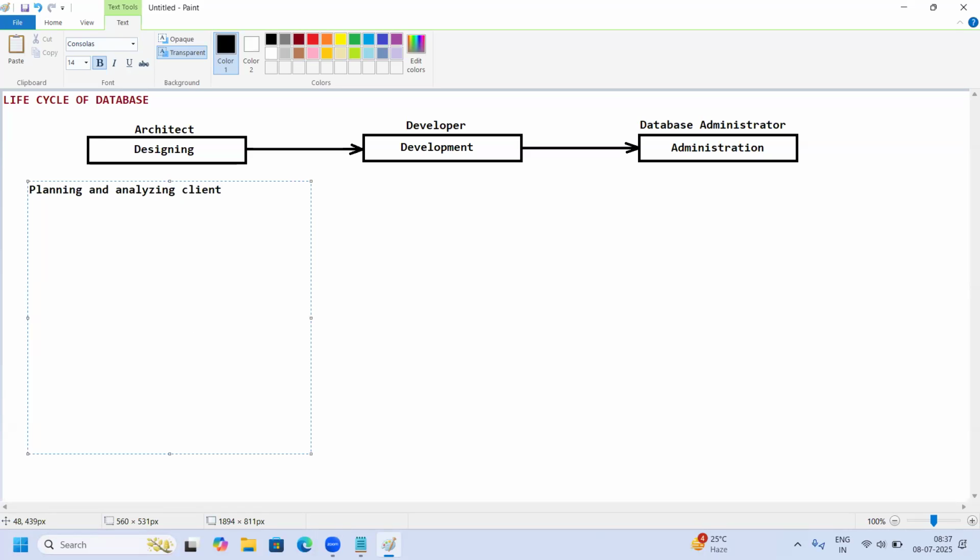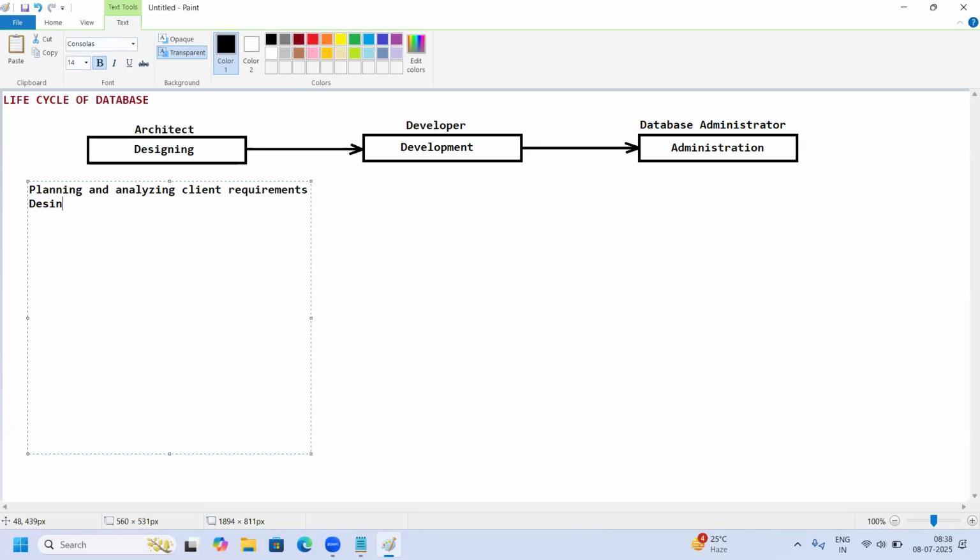Plan correctly, analyze correctly what the client needs for his database for his business. What does he want to maintain in his database? Everything. First, be clear on that. Then only you go with proper design. Plan and analyze, two things.